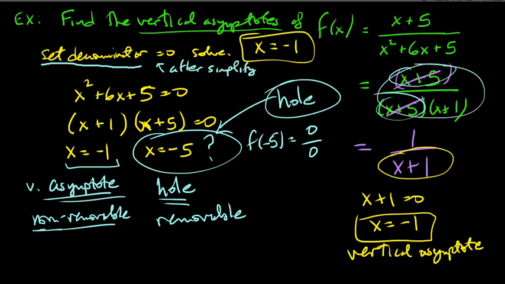So we had to do this first. This is the simplified version, and then we set that denominator equal to 0. That gives you your vertical asymptote. If the numerator and denominator are both 0, that gives you the hole in the graph. So that's a good review example.